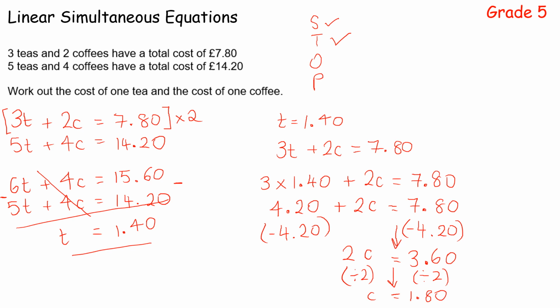Okay, so I can make it really clear that the price of a tea is £1.40 and the price of a coffee is £1.80. And like I explained, you could do an additional check just to make sure that your answers are correct.